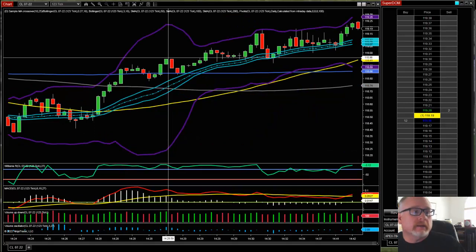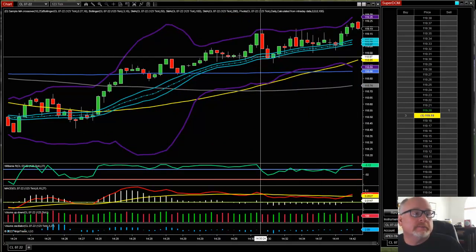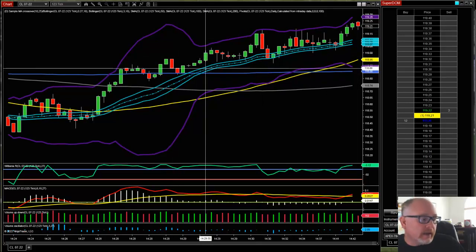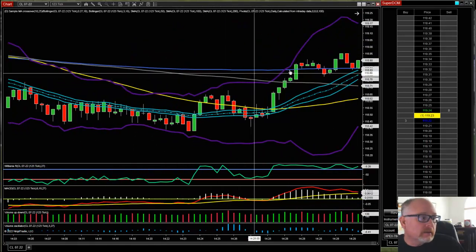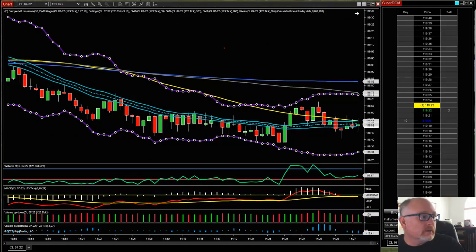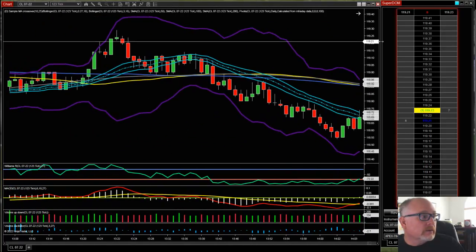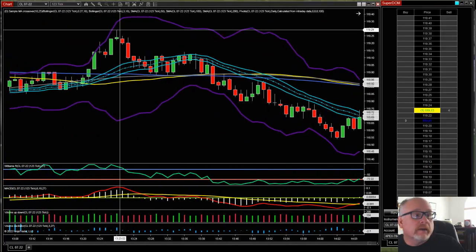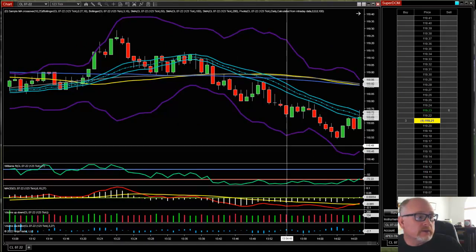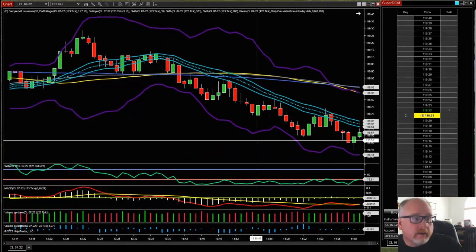All right, hey. So, it didn't reach 120 a barrel, but it did go up into the last half hour. Let's go back and look at where I was trading: 119.29, this was when I was trading it. It did go down.